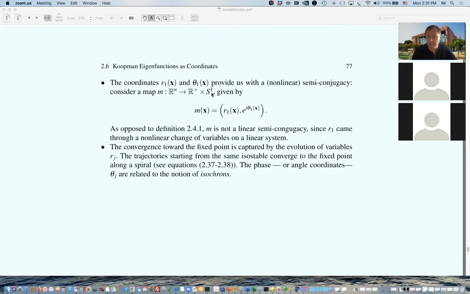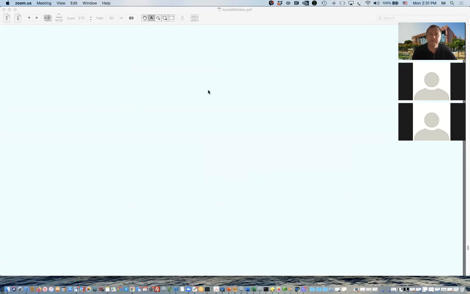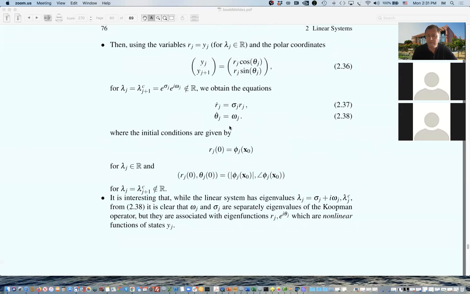So this is a cylinder, or half cylinder, right? Because it's just the positive real line. And that semi-conjugacy is given by m of x equal to r1 of x e to the i theta1 of x. If you define this map, it takes you from the original coordinates that live in an n-dimensional space to a set of coordinates that are really defined on a cylinder, for which the evolution is given by this simple set of equations here.